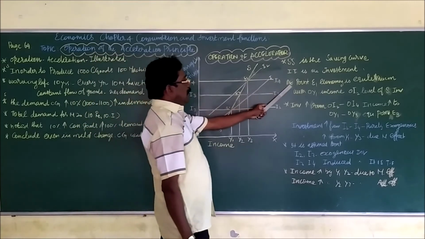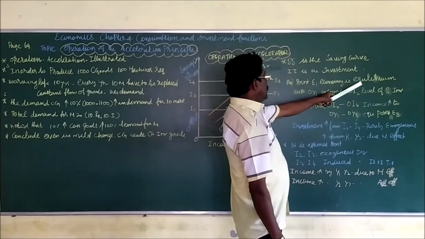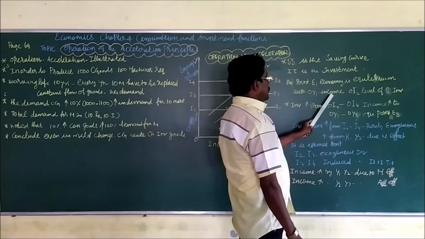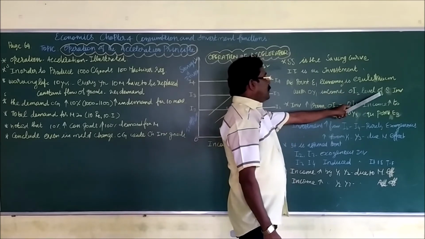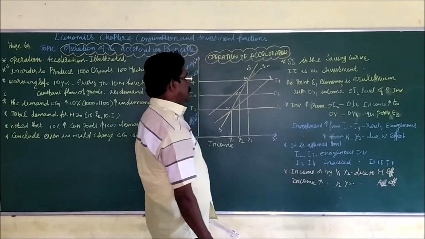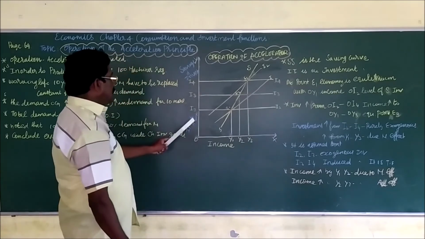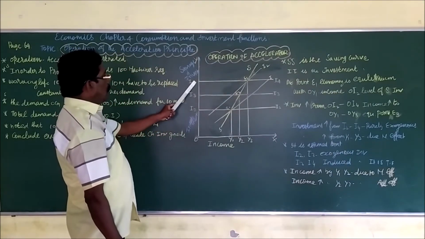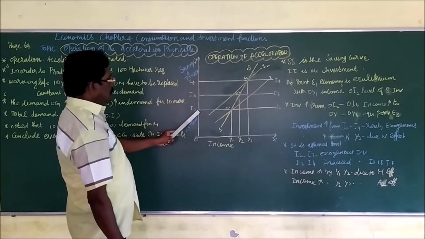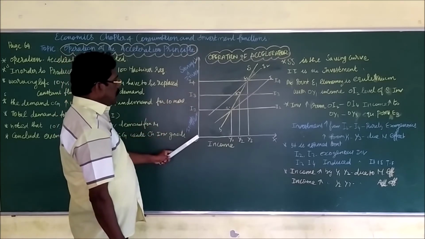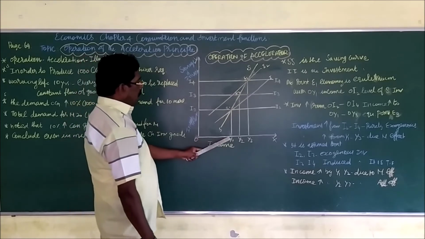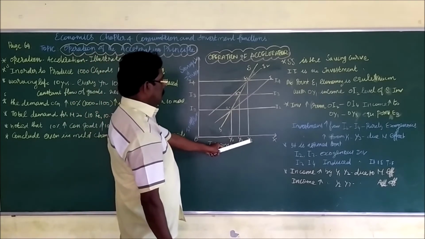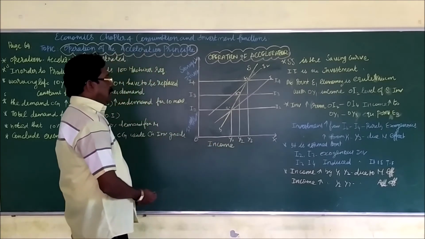This is explained here. At point E1, the economy is in equilibrium with OY1 income and OI2 level of investment and the savings. Now the investment is increased from OI2 to OI4. Similarly, the income is also increased from OY1 to OY3. You understand clearly?